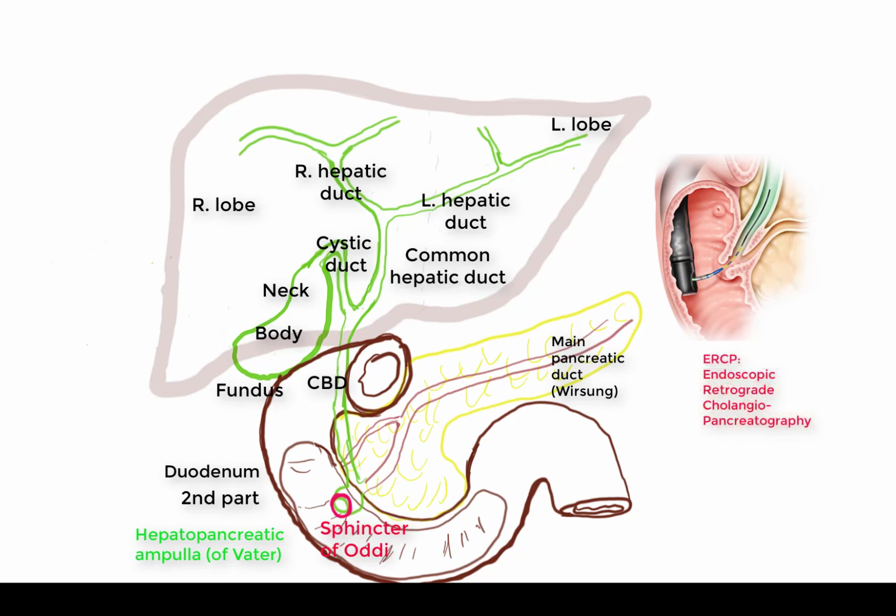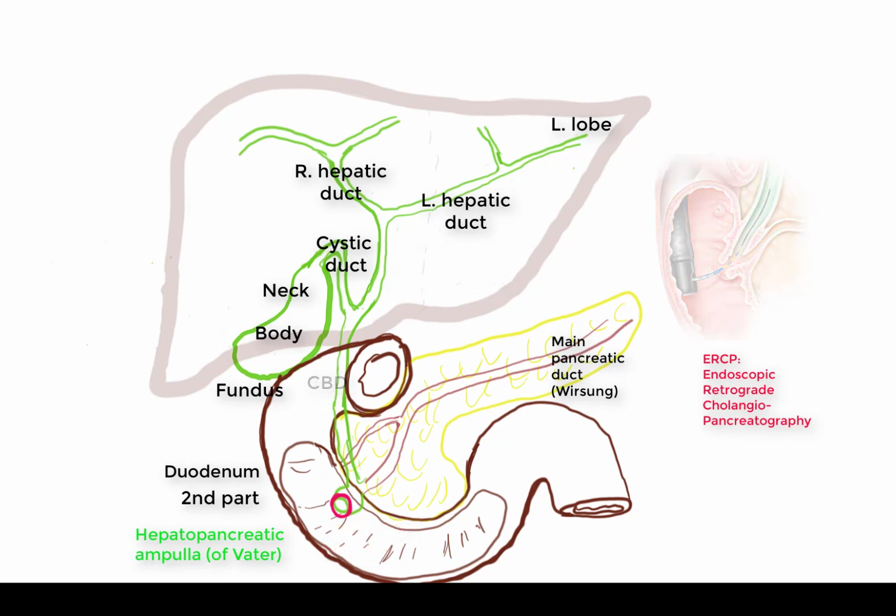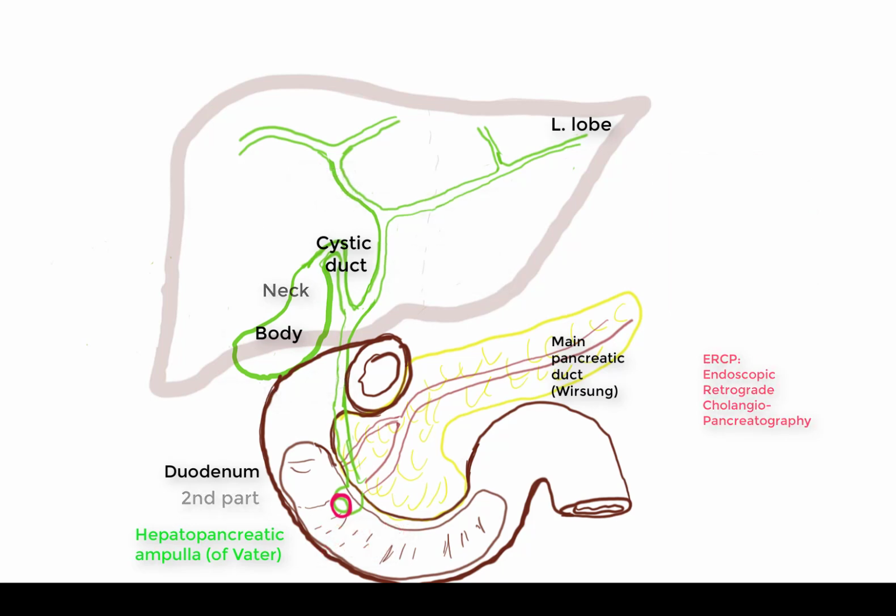This is called endoscopic retrograde cholangiopancreatography because it is done through an endoscope, and the catheter is pushed retrogradely into the biliary passages and the pancreatic passages, so it is cholangiopancreatography.